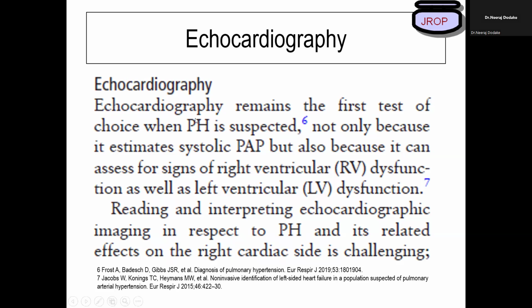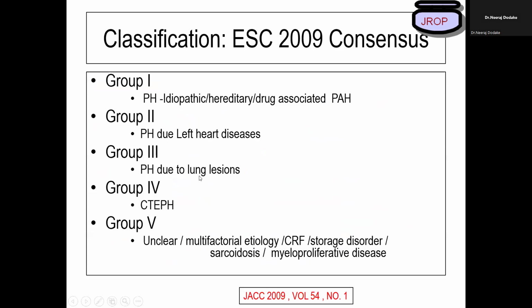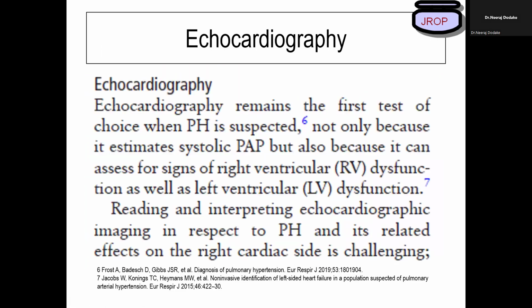And that's where echocardiography is placed as the first test of choice whenever we suspect pulmonary artery hypertension. Not only because it estimates systolic pulmonary artery pressure, but because it can assess signs of right ventricular dysfunction as well as left ventricular dysfunction to distinguish between group 2 and group 3, and on top of that, it can tell you the multifactorial etiology.